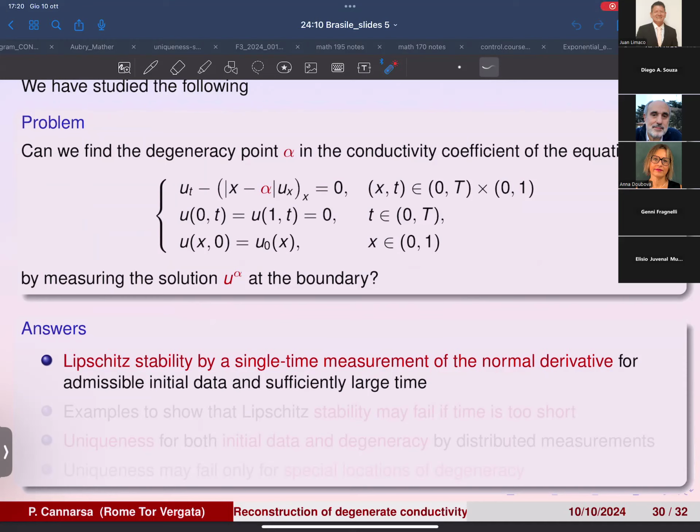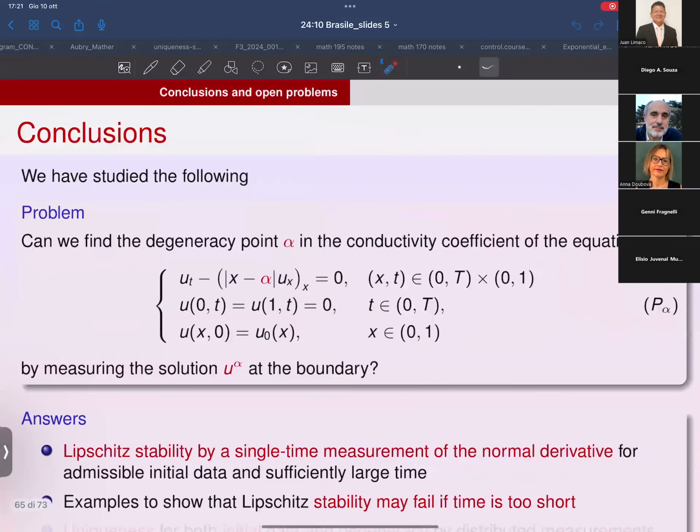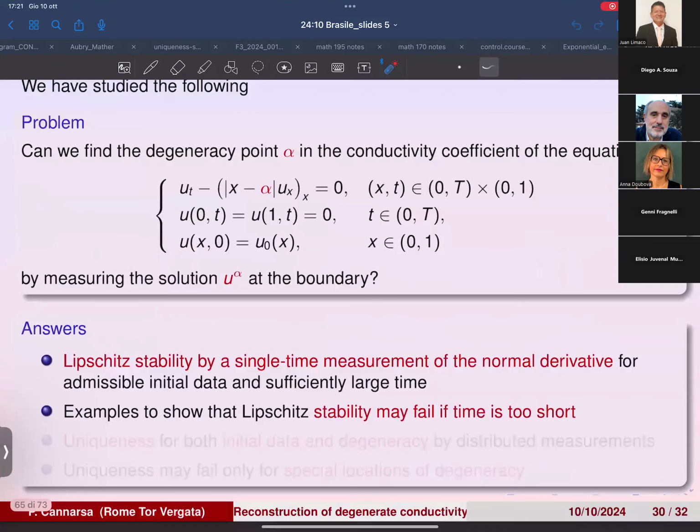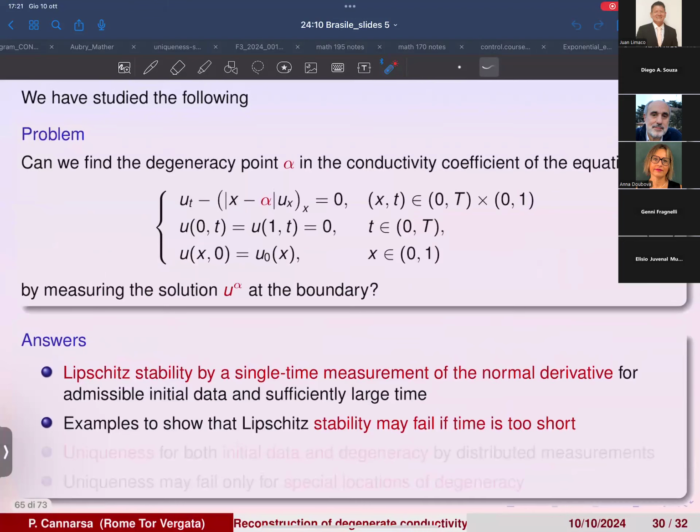So we have identified a class of data, the one for which the first Fourier coefficient does not vanish, and we have pointed out that uniqueness holds after a certain critical time, for t sufficiently large. We have seen examples for which stability may fail, even for such a class of data, if time is too short.